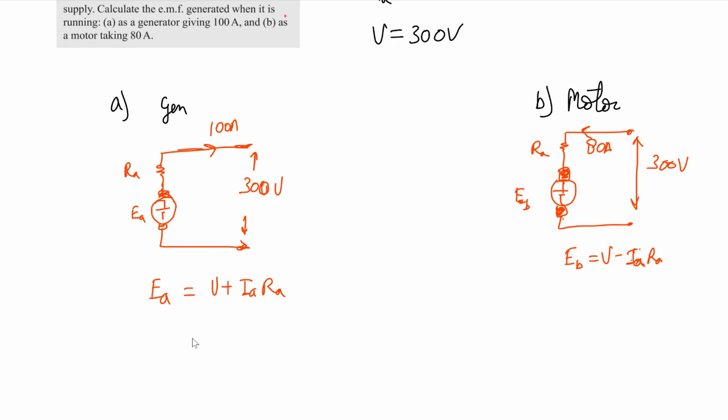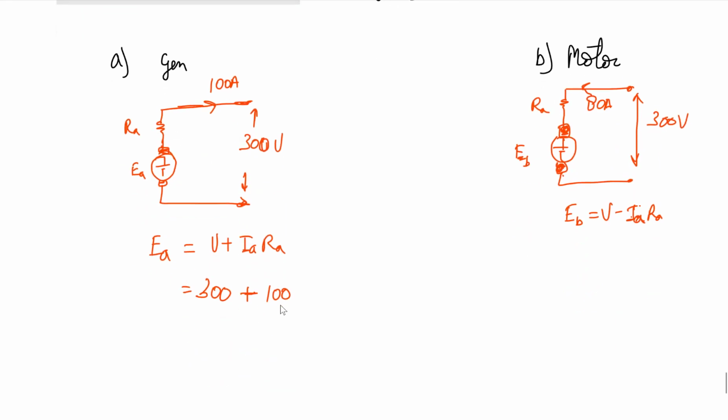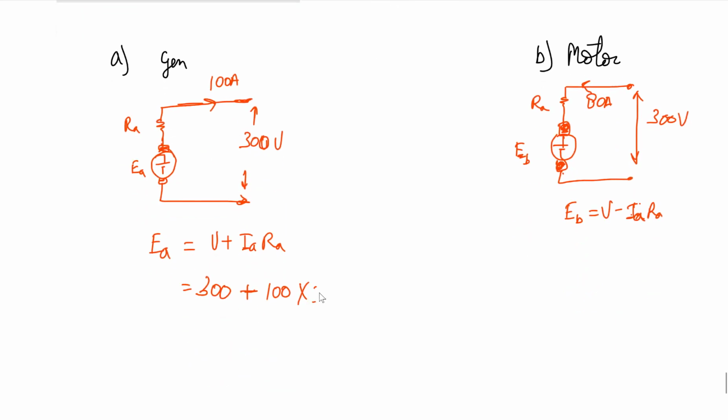So here EA is equal to V, 300 volt, plus IA, the current given, 100 ampere, and armature resistance is 0.25. And EB is equal to 300 minus 80 into 0.25.